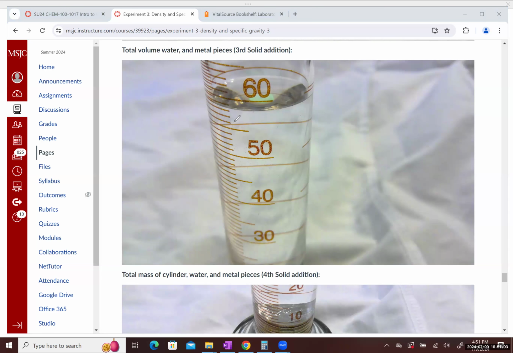So in this case, we're 56, 57, 58, 59. It looks like we're at about 58.6 milliliters, give or take. Somewhere between 58 and 59 milliliters. So let's record that volume.